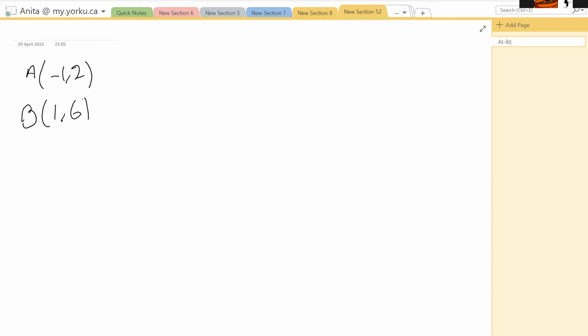Okay, so what should we do for getting the equation of the line that passes through these 2 points? Finally, you have to find something like this: y equals mx plus b. And for doing that, you need to find m and you need to find b.